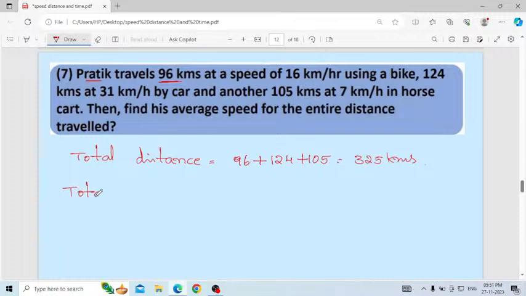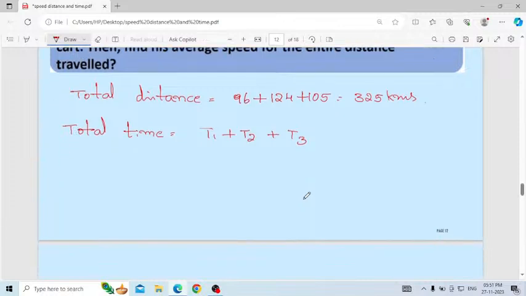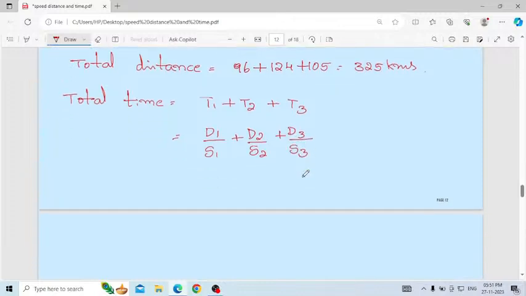Then total time will be T1 plus T2 plus T3. We have 3 different cases. Then this will be equal to D1 by S1 plus D2 by S2 plus D3 by S3. Here I am explaining everything, but in the exam no need to write all the steps. You can directly solve.